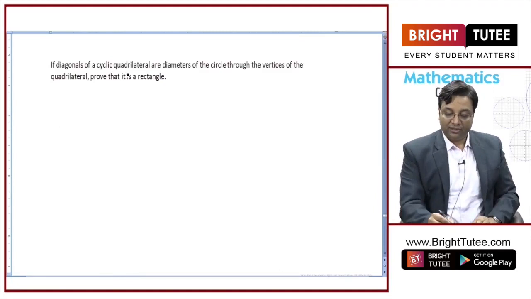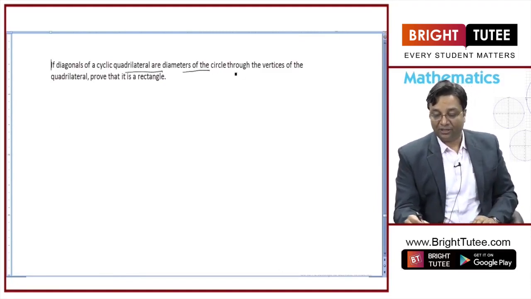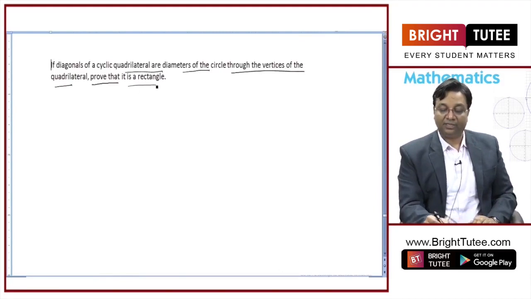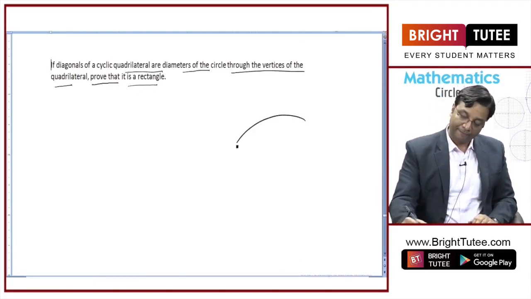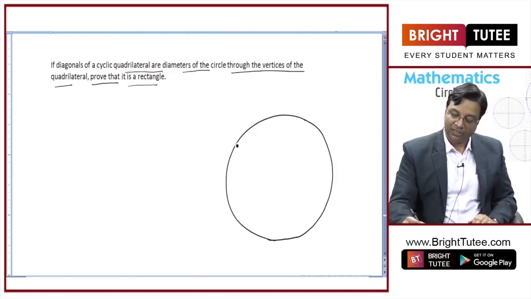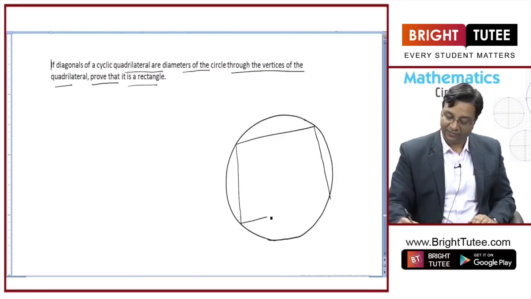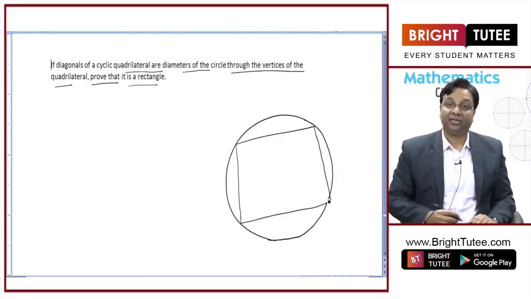If diagonals of a cyclic quadrilateral are diameters of a circle through the vertices of the quadrilateral, prove that it is a rectangle. So if there is a quadrilateral, any quadrilateral, and if you can prove that all its angles are 90 degrees, then it will be a rectangle.